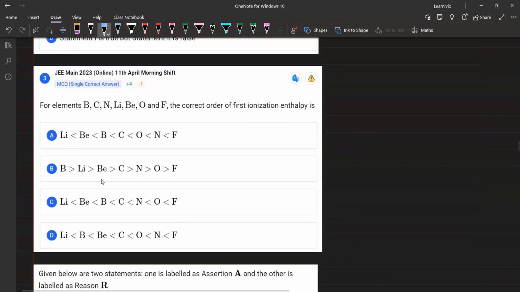Write this for the elements boron, carbon, nitrogen, lithium, beryllium, oxygen, fluorine: the correct order of first ionization enthalpy.